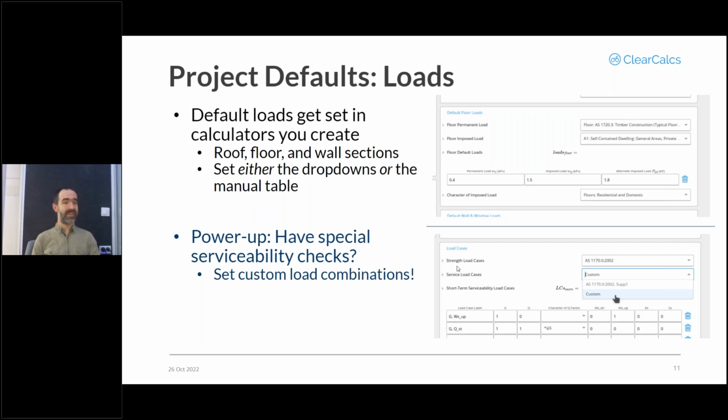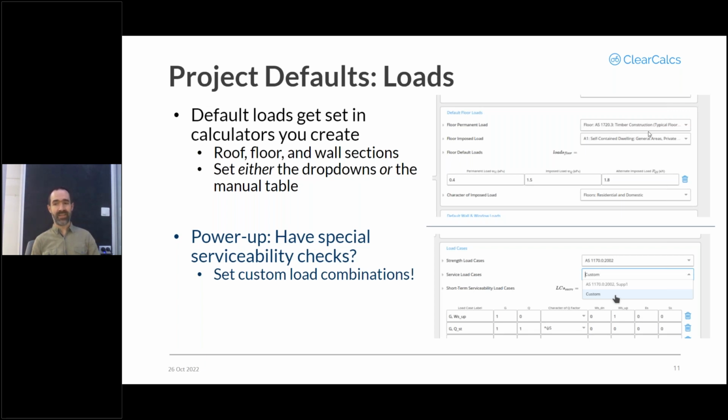So you don't need to reset that in every single calculator you do. We also let you set some default loads in project defaults. So these will get set depending upon the preset that you select: roof, floor, or wall, default loads being set in here. You can set them either via the drop downs. So for example, I've got a screenshot here of default floor loads.